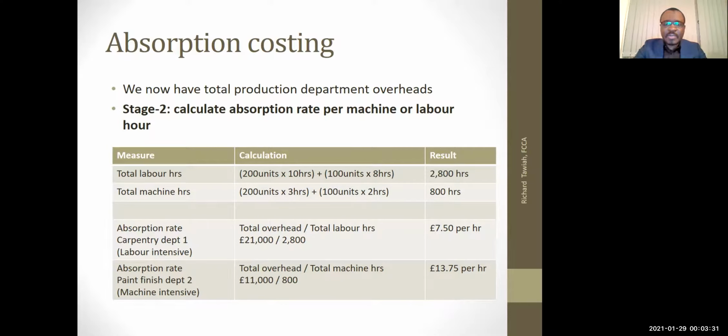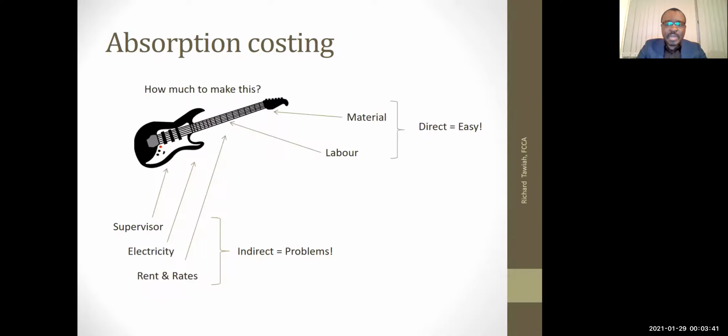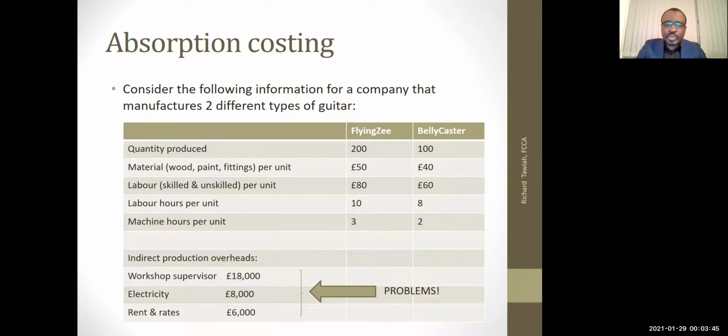We want to find the total labor hours. They spend 10 hours per unit. The second, Bellycaster, 100 units, they spent 8 hours per unit. So Flying Z, 200 units produced, used 10, as you can see from the information. Bellycaster, 100 units, used 8.